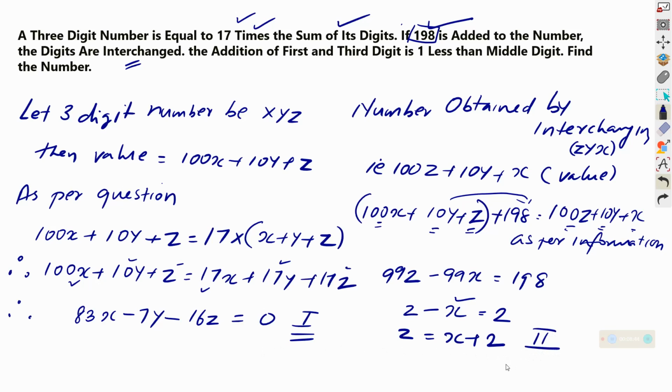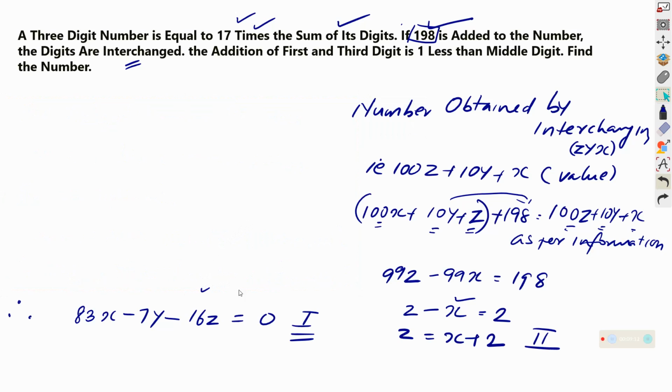I need a little more space to solve the sum. We have got an expression for z, we have got an equation also. I will make space over here to show you what to do further. Wait please.